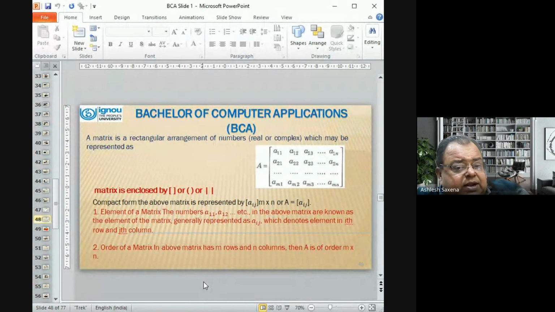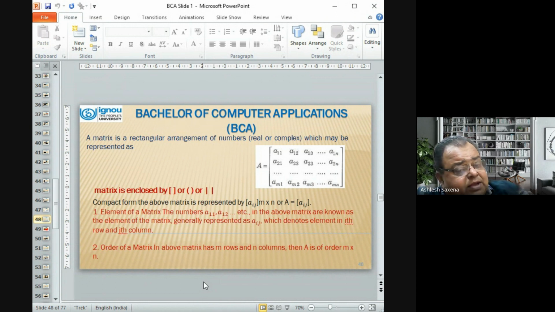This is the general representation. There can be n number of elements. If you remember, I have told you that the elements are denoted by Aij. I is for the row and J is for the column.